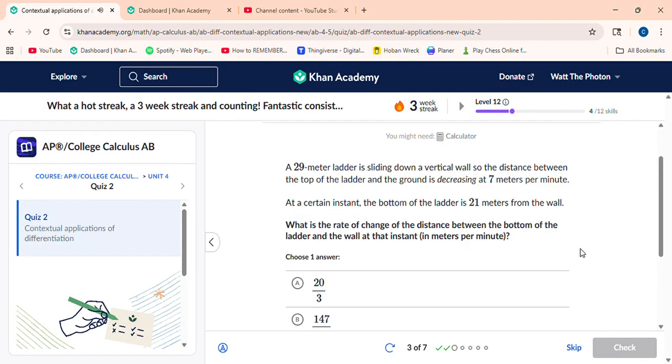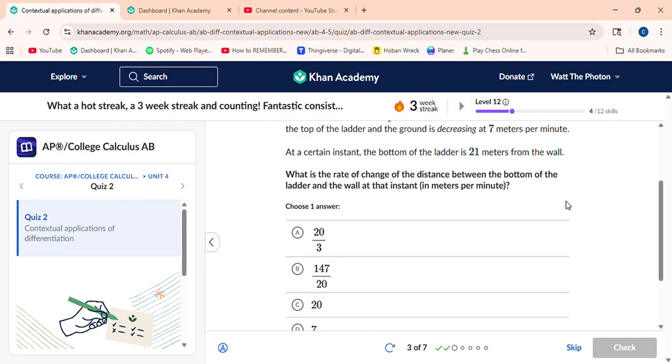A 29-meter ladder is sliding down a vertical wall. So the distance between the top of the ladder and the ground is decreasing. Okay, so we have our triangle. It's a 29 meter long hypotenuse, and it's sliding down the vertical wall.